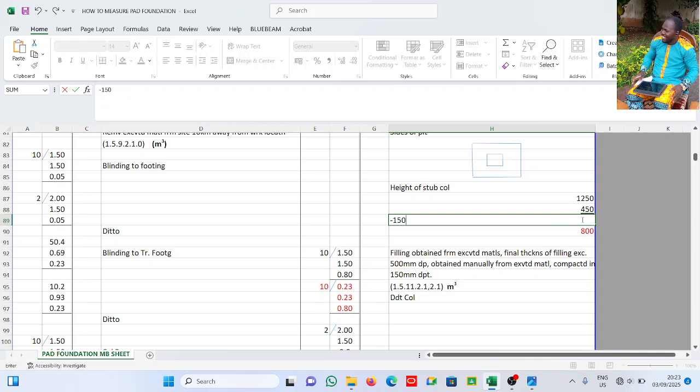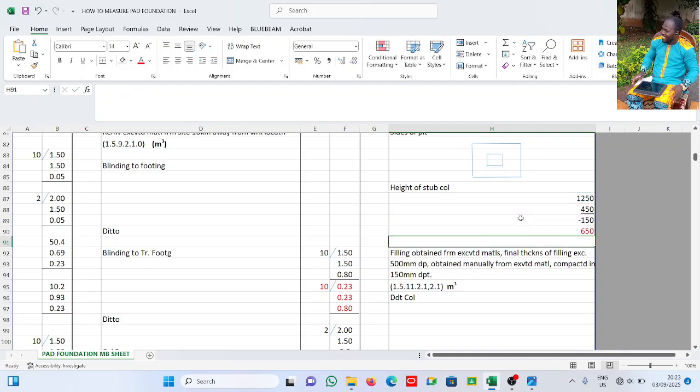So if you see it, know that I'm removing topsoil, 150. I already put minus, so that's why I'm adding it. That's 650. You get? So very, very important. In an exam situation, that is very important. If I'm working, I may want to overlook it, but in an exam situation, very important.